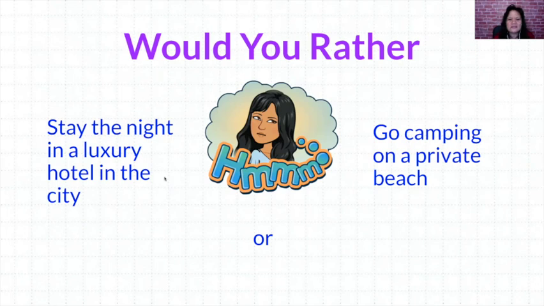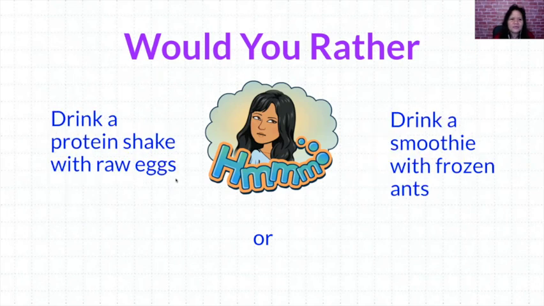And next, would you rather drink a protein shake with raw eggs or drink a smoothie with frozen ants? They thought that was both gross, but thought that maybe the raw egg would be less gross because of the texture of chewing on the frozen ants.